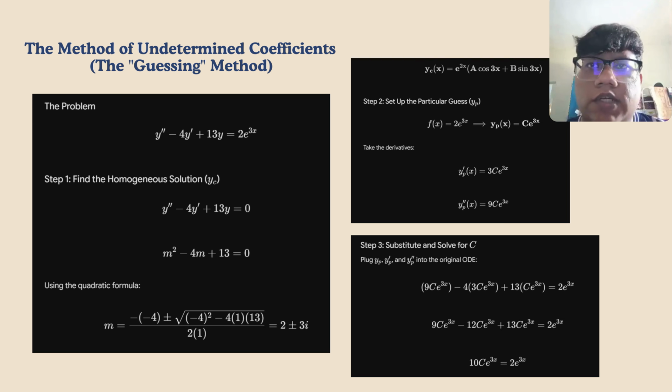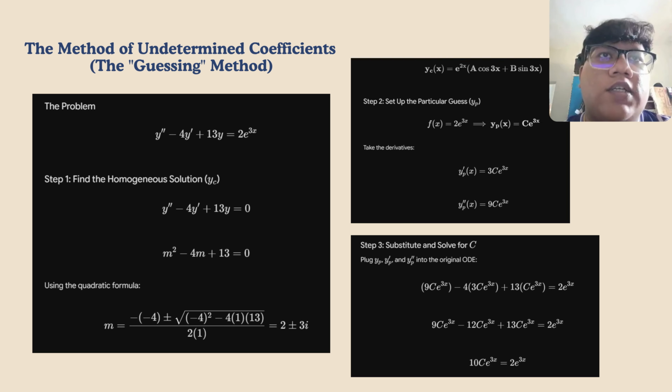Using the quadratic formula, m equals negative 4 plus or minus the square root of negative 4 squared minus 4 times 1 times 13, divided by 2 times 1, which gives 2 plus or minus 3i.